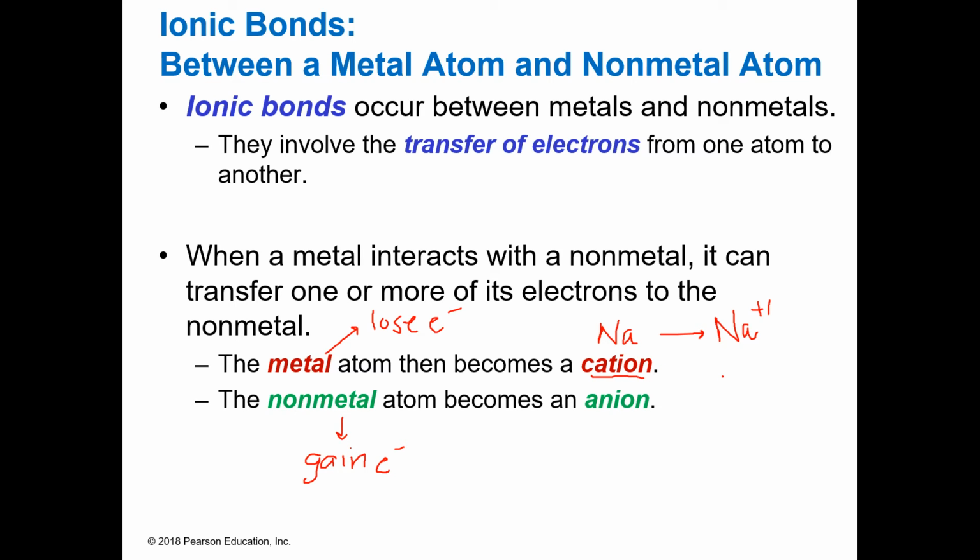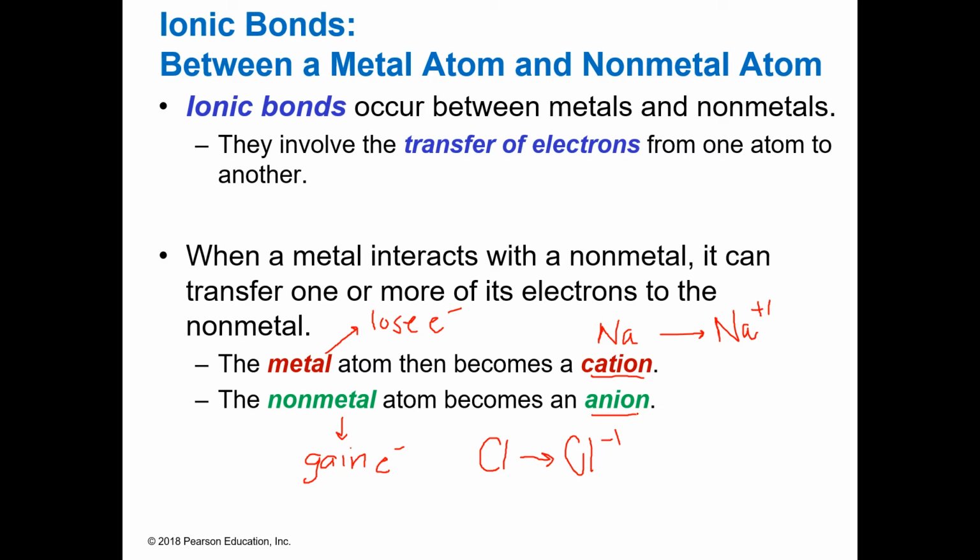Positively charged ions are called cations. Your nonmetals, they gain electrons. Like I have chlorine, and it gains an electron, it takes on a -1 charge. Negatively charged ions are called anions.